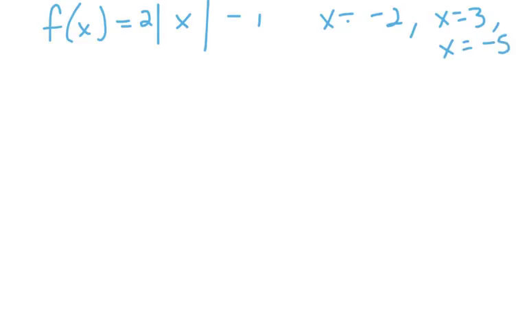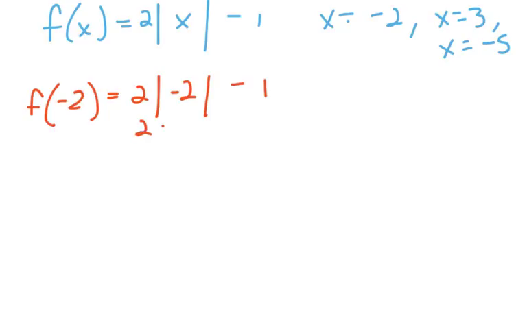Okay, so let's try f of negative 2, the function at an x value of negative 2, is equal to 2 times the absolute value of negative 2 minus 1, which is 2 times 2 minus 1, which is 4 minus 1, which is 3.